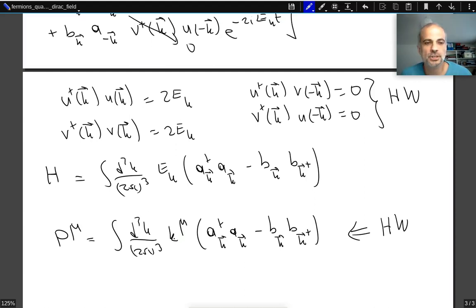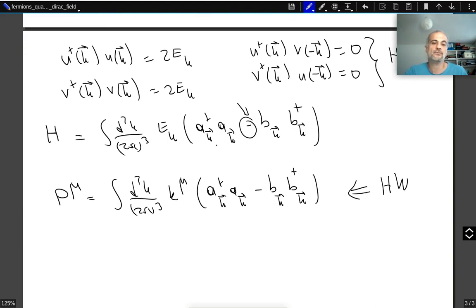Well, if we would just continue with what we had done in the case of the scalar fields, we are in deep trouble here. Now, the problem here is this sign over here. There is the minus sign. Remember, in the case of the scalar fields, we imposed commutation relations.